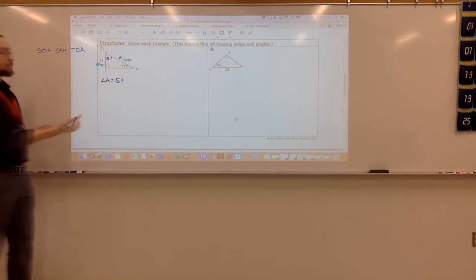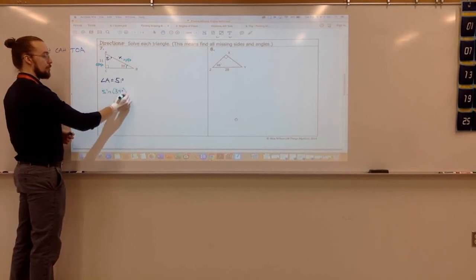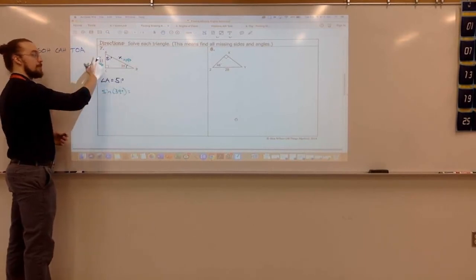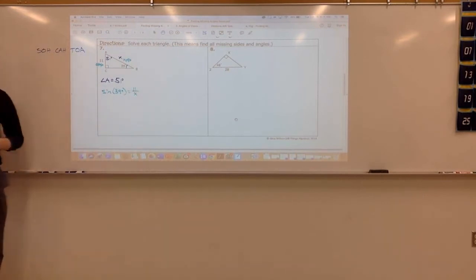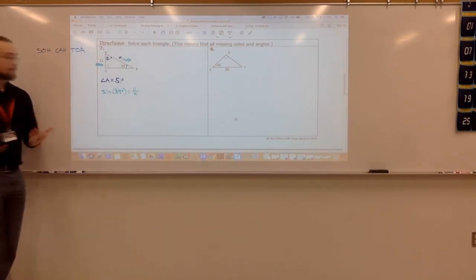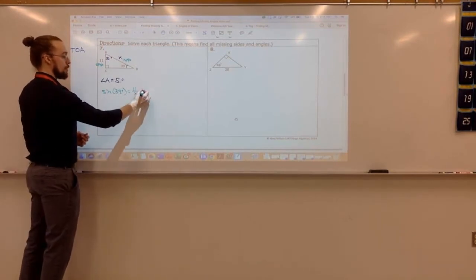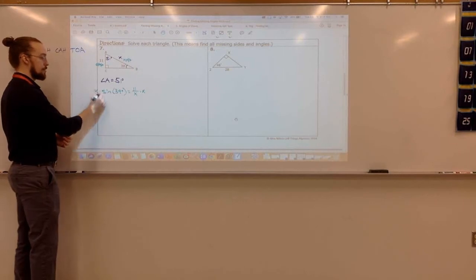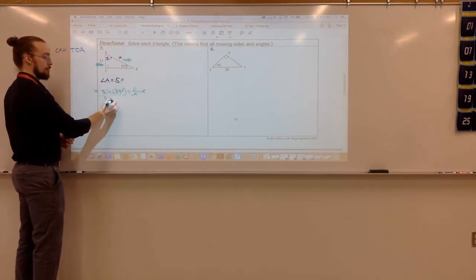So we'll set this up as sine of 39 degrees equals opposite over hypotenuse, so 11 over x. And then, just like we talked about yesterday, whenever we have x in the denominator, I'll multiply both sides by x first, and then divide both sides by the trig function.